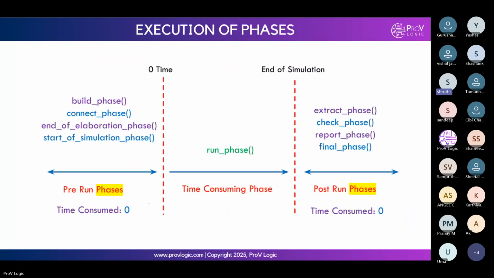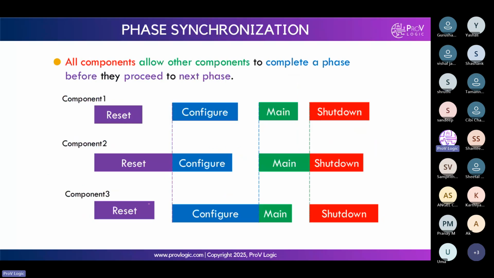The run phase is the one which consumes time. That's why everything which takes time and delays needs to be in the run phase. We don't have timing control in functions.